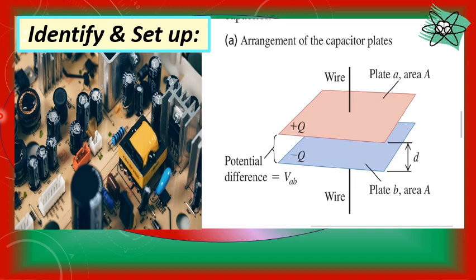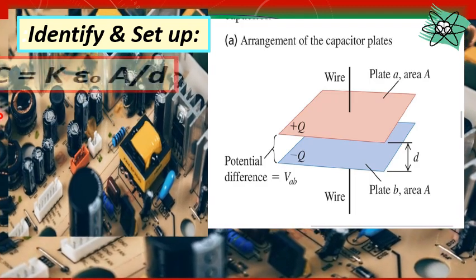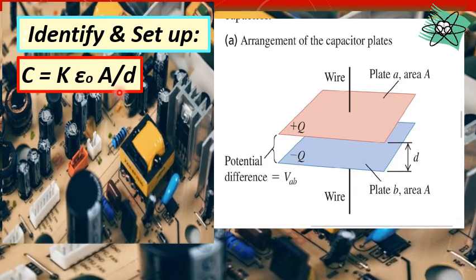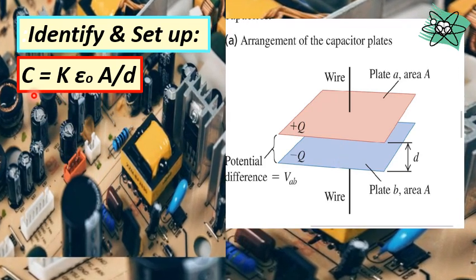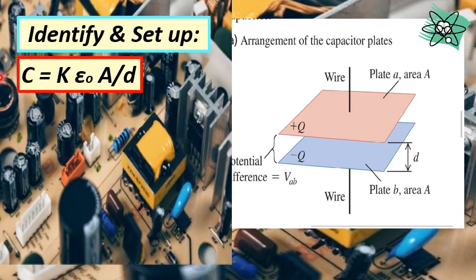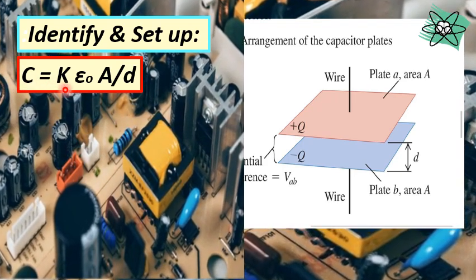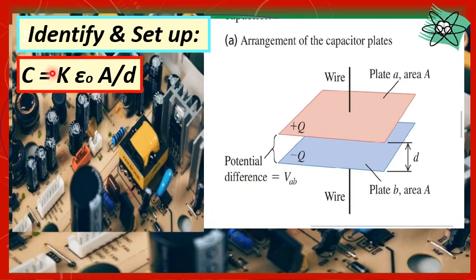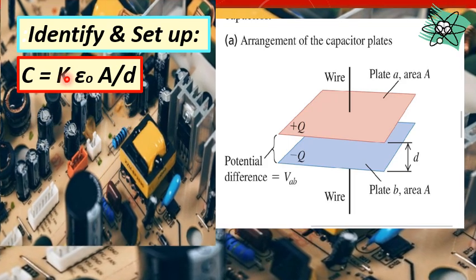So for question number 2, we're talking about a capacitor, or the factors that can affect the amount of capacitance of a given capacitor. So the equation here states that the capacitance of a capacitor is equal to a constant called the dielectric constant.